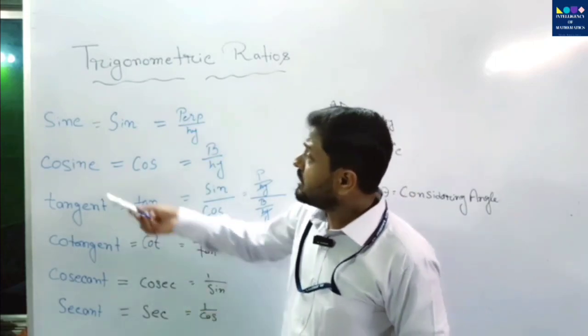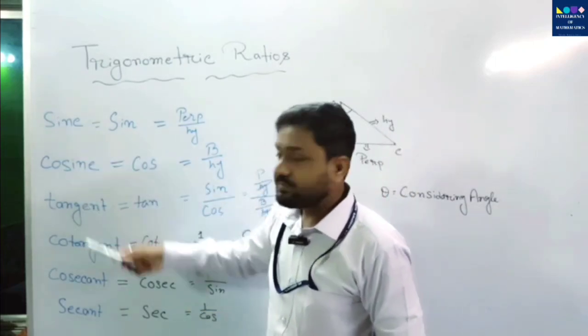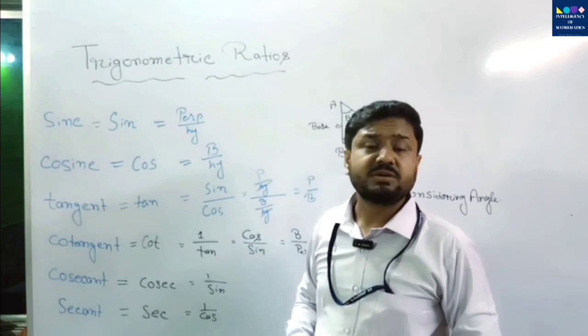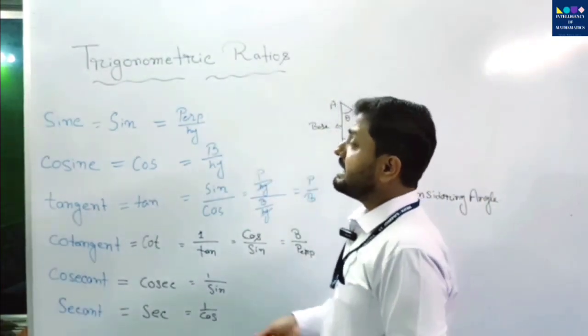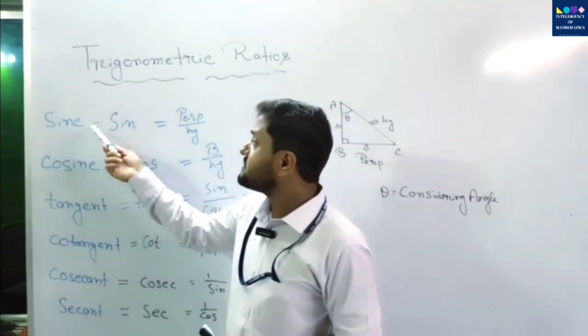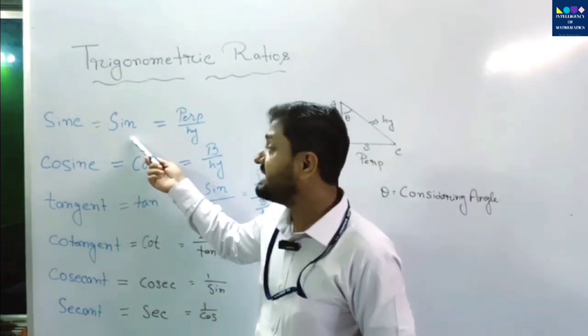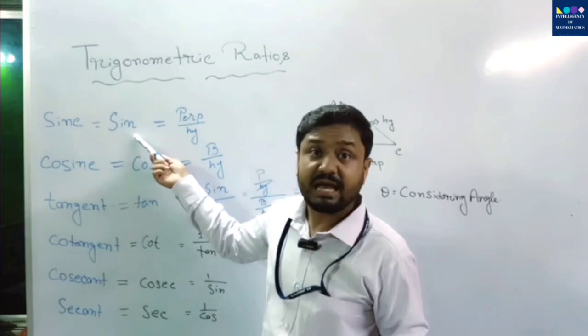But we will not use these full names. What we will be using in sums are their shorter forms. What are the shortest forms? Sine has a shorter form written in sums as sin, but we will pronounce it as sine.